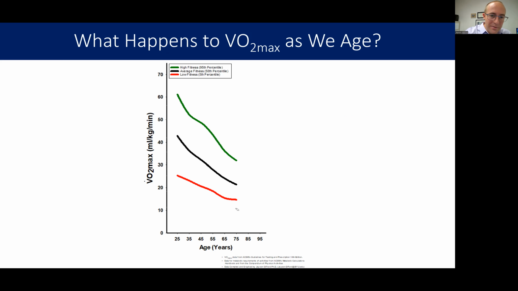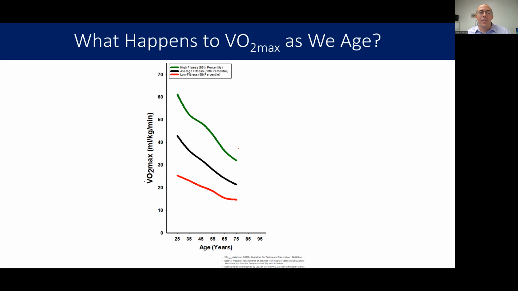So your average 25 or 30-year-old is going to have a VO2 max somewhere around 44 milliliters per kilogram per minute. This is the average of guys and girls together. Now, as they age, if they maintain their same training status, their VO2 max is just going to go down and down and down. That kind of stinks, right?